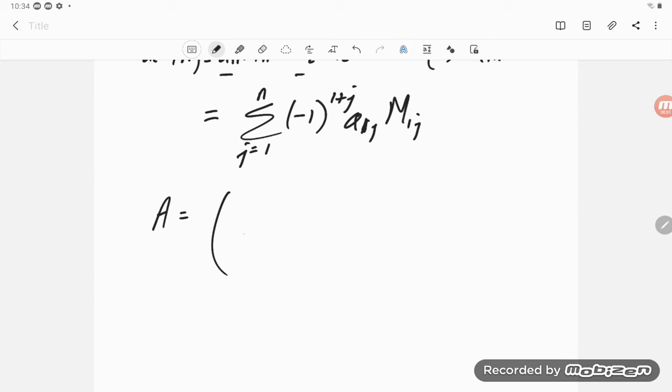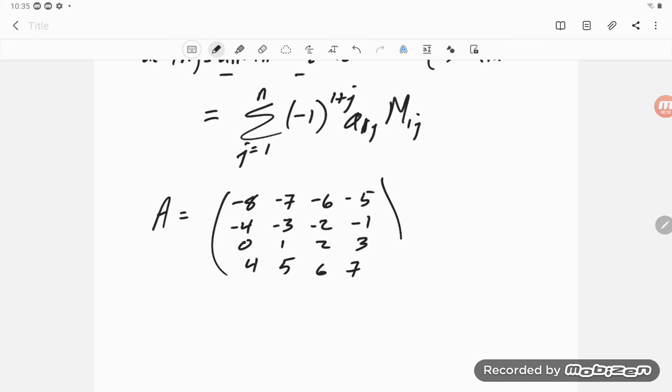A is equal to, how about we start at negative 8: negative 8, negative 7, negative 6, negative 5, negative 4, negative 3, negative 2, negative 1, 0, 1, 2, 3, 4, 5, 6, 7.